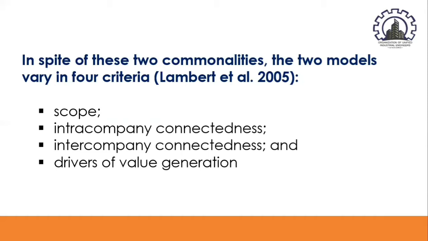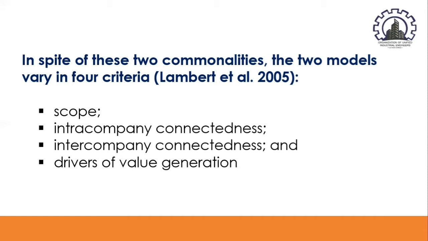And if we say inter-company connectedness, it refers to the degree of collaboration between business partners across the supply chain. So it's just like B2B partnership or business to business partnership.